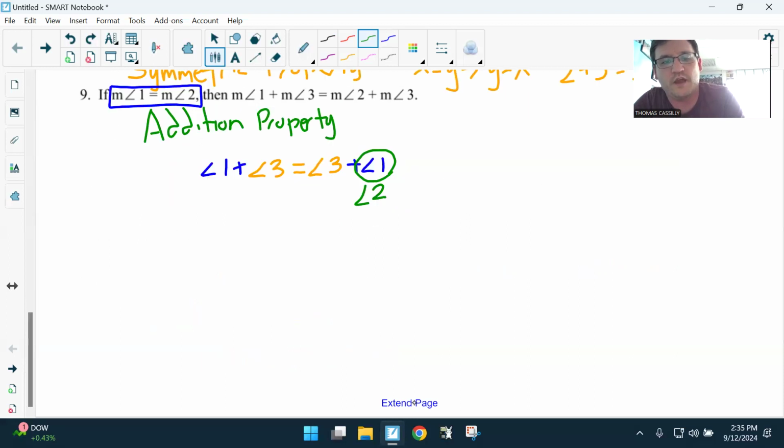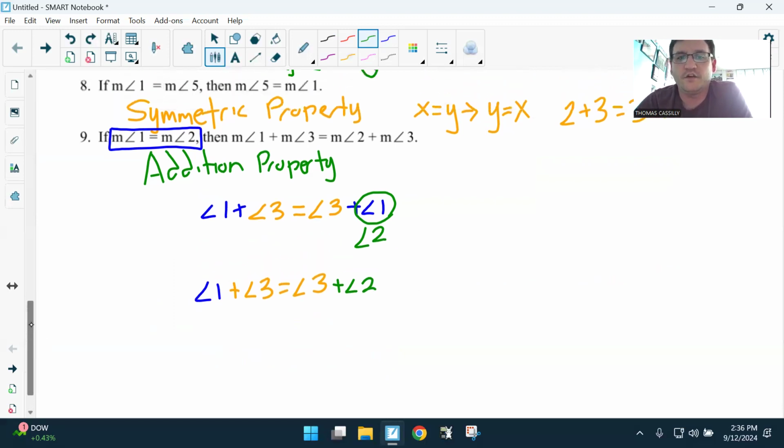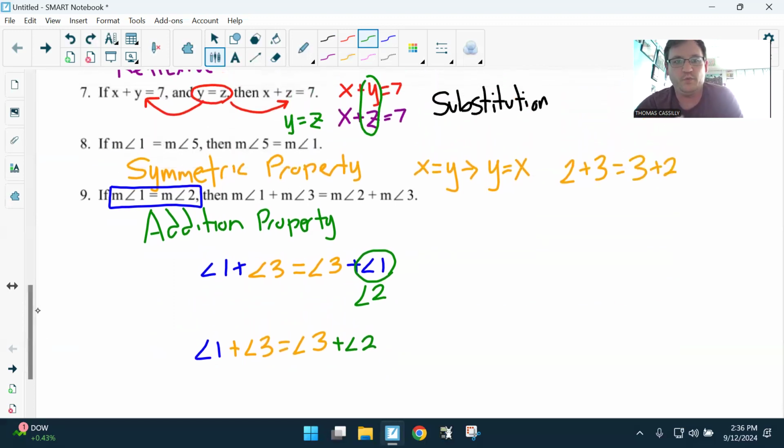Since angle 1 and angle 2 are the same thing, I can rewrite this as angle 1 plus angle 3 equals angle 3 plus angle 2. And that's all there is on that one. So that is the addition property of equality. We are adding equal amounts to both sides of an equation here.